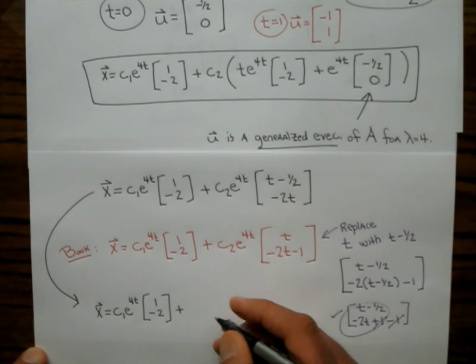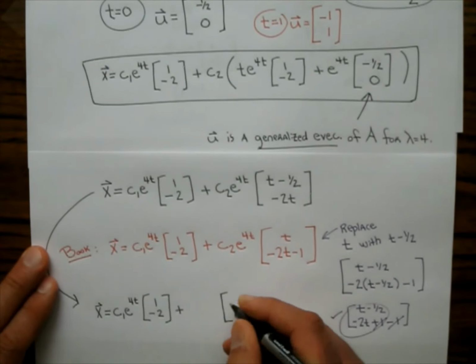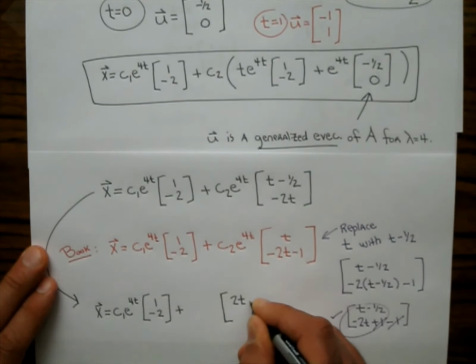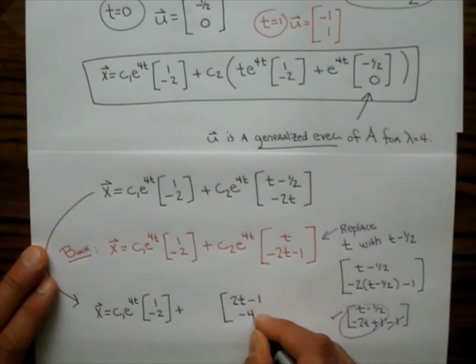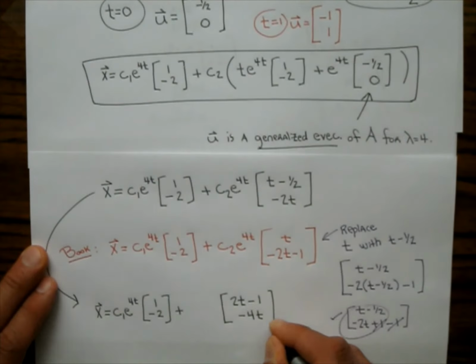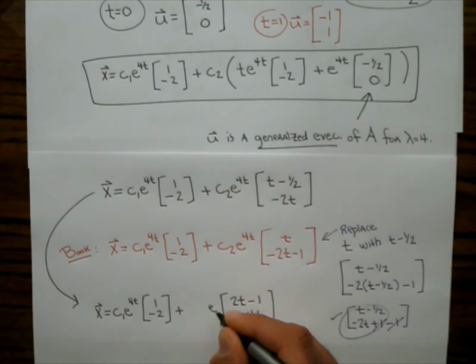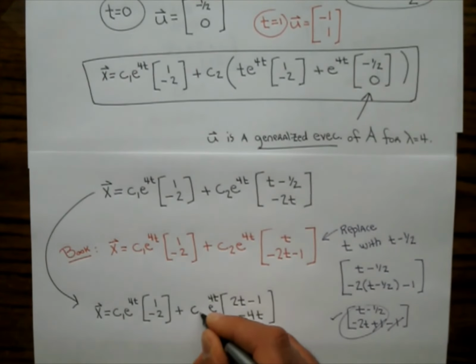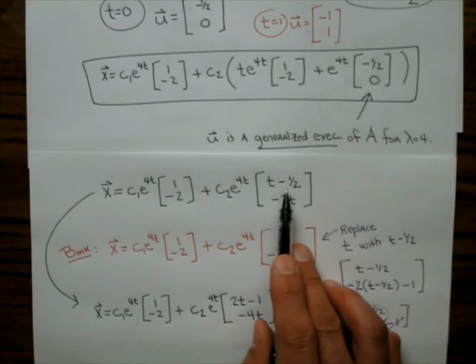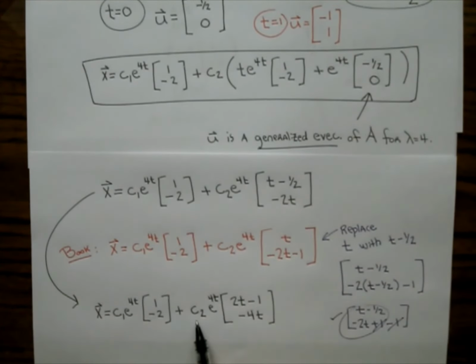So if you do that, you end up having 2t minus 1, and then on the bottom I'd have a negative 4t. And then this is an e to the 4t. And now the c2 is actually a different c2, so I'll just go ahead and put c2 there. And what you really did is you factored out a 1/2 from both of these, and then let that scalar be absorbed into the constant. So that is what you did.